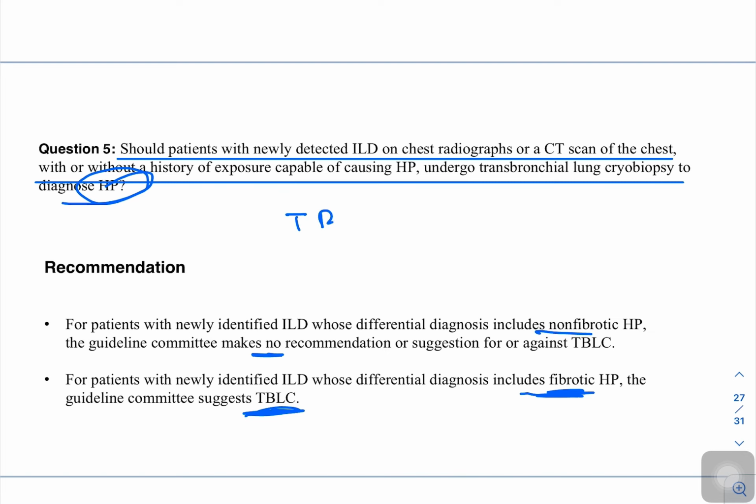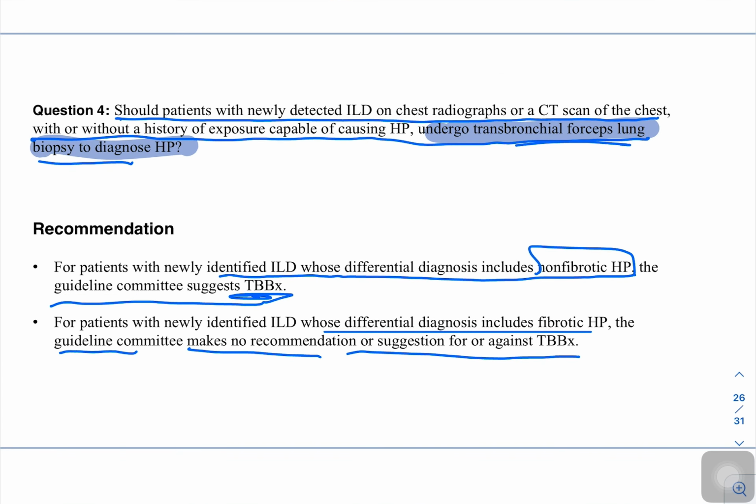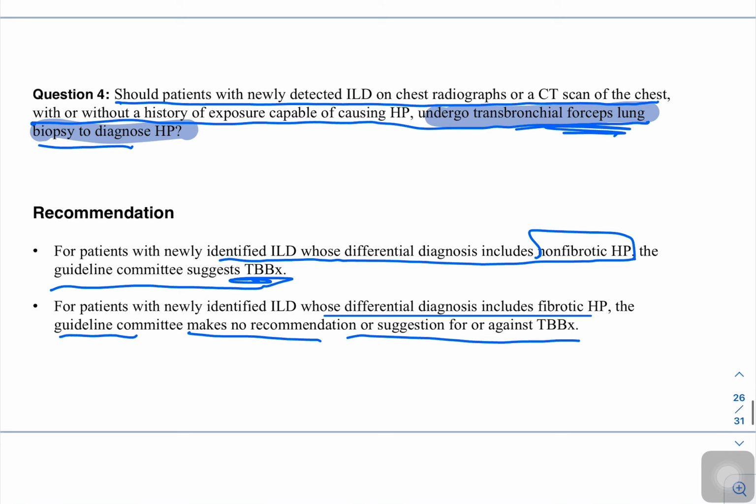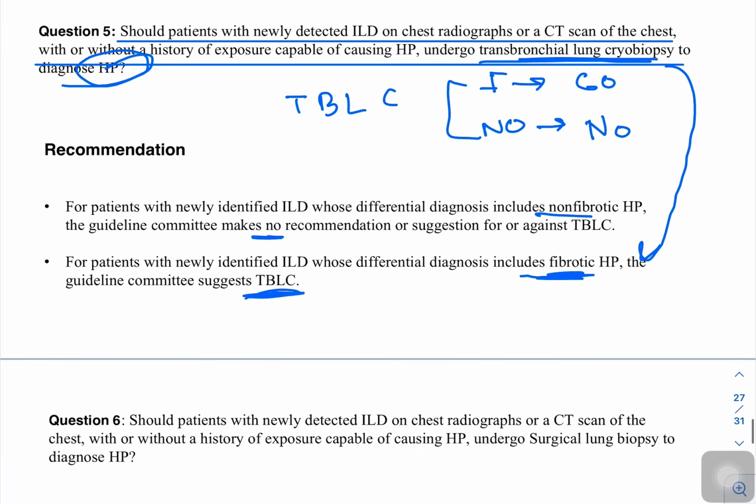So transbronchial lung cryobiopsy in fibrotic, go for it. In non-fibrotic, no recommendation. This is to be mentioned: that is for transbronchial lung cryobiopsy and this is for forceps lung biopsy. The forceps lung biopsy can go for non-fibrotic and transbronchial lung cryobiopsy can go for fibrotic HP.